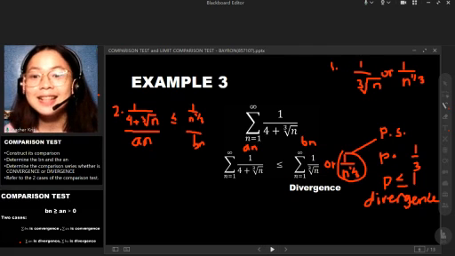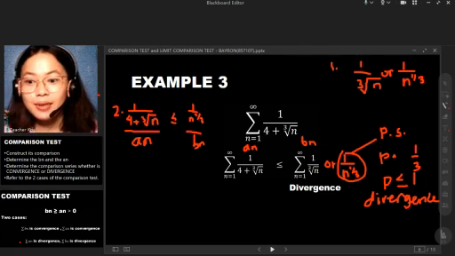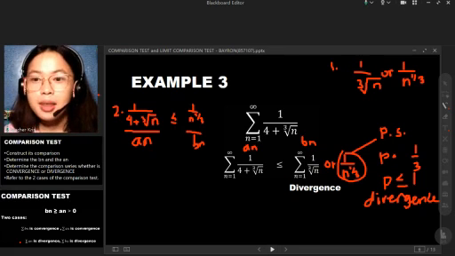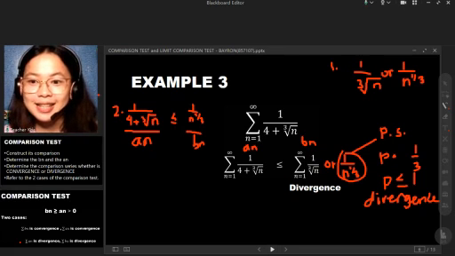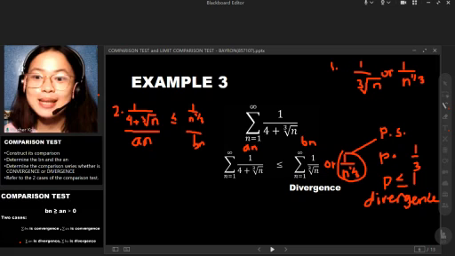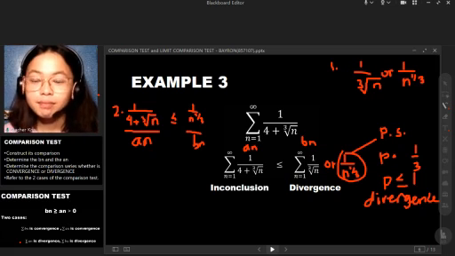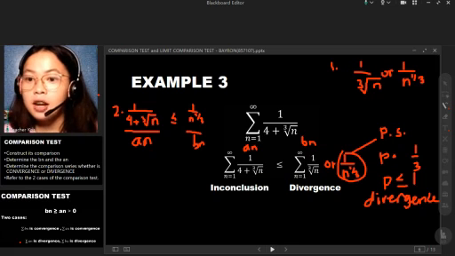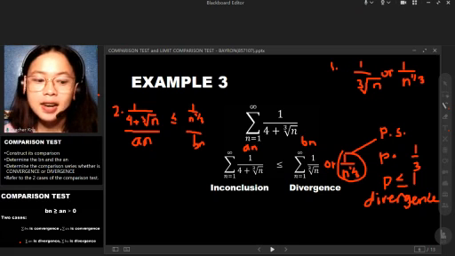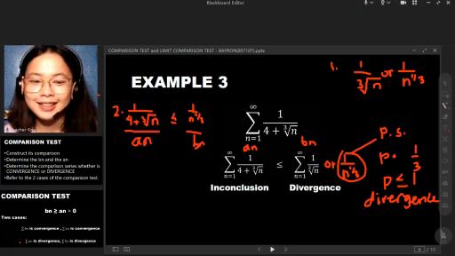Because in the second case that we had, it should be if the small sequence is divergence, then the series of big sequence is divergence also. So this is in conclusion.